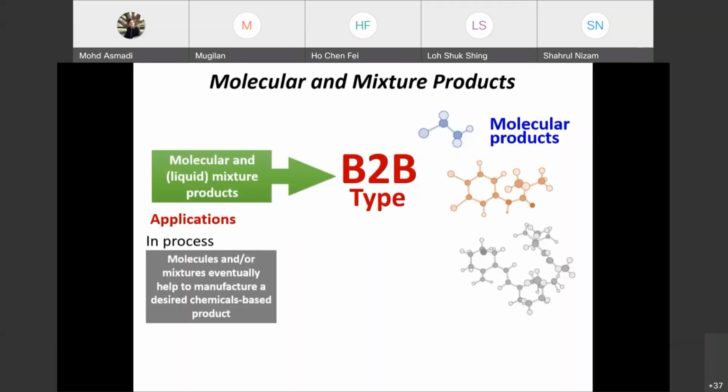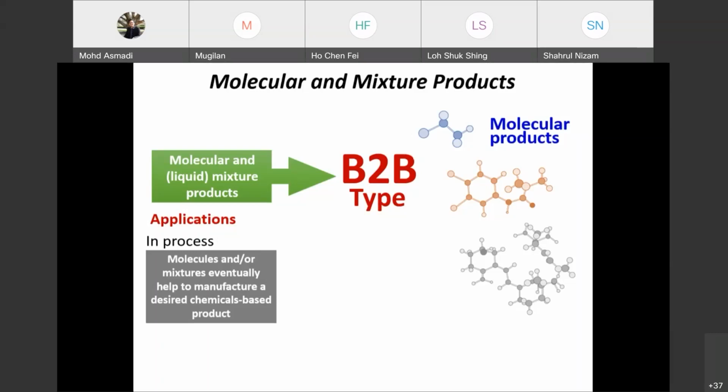For molecular and mixture products, we can classify a product into two. As I told you, first is the molecular products. Generally, this is a B2B type, meaning business to business, because it can be raw materials.